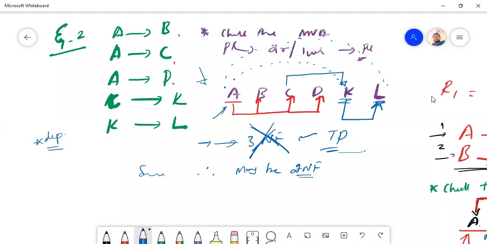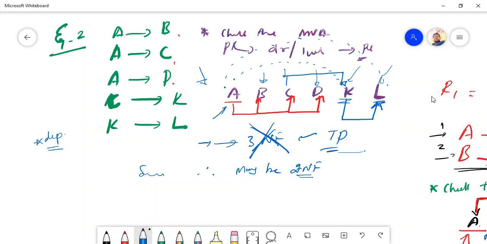In this case, all the attributes, B, C, D, K, L, are somehow depending on this primary key. Why am I using somehow?